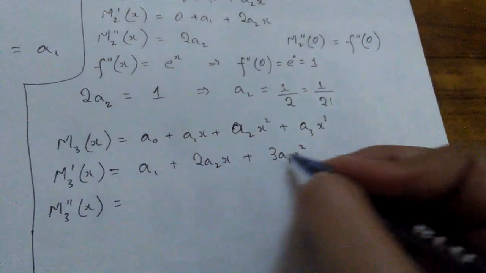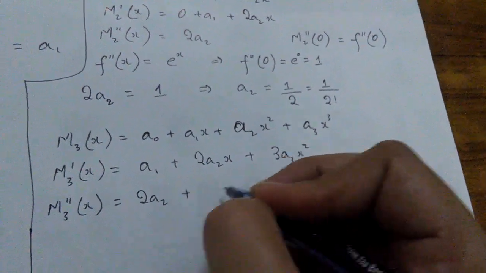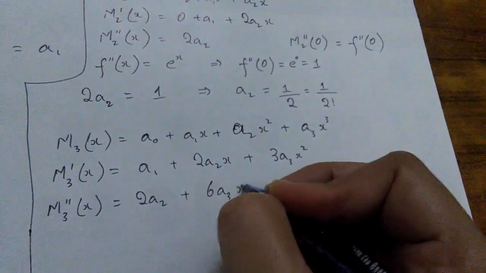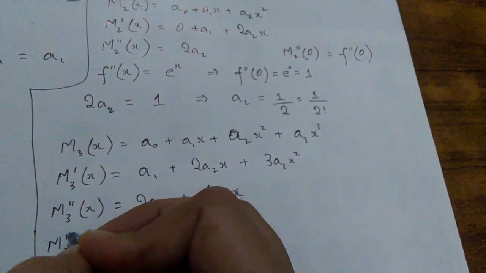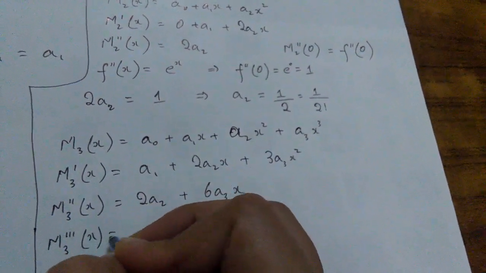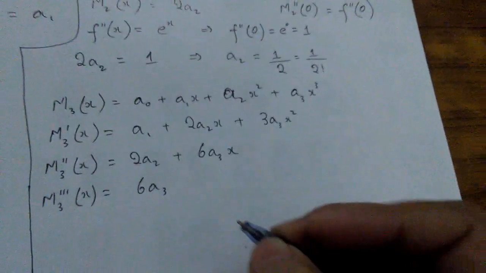And now I'm going to differentiate it a second time. I'm going to differentiate this equation. Once again, I'm getting 2a2 plus 6a3x. Now one more derivative I need, and it is equal to 6a3.